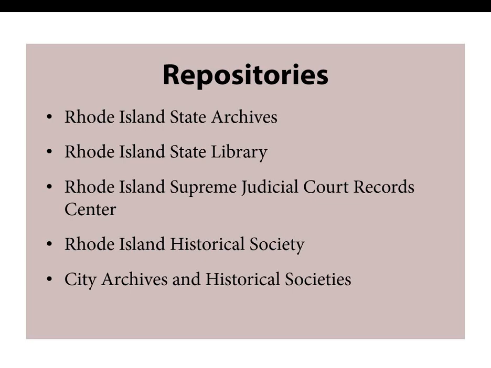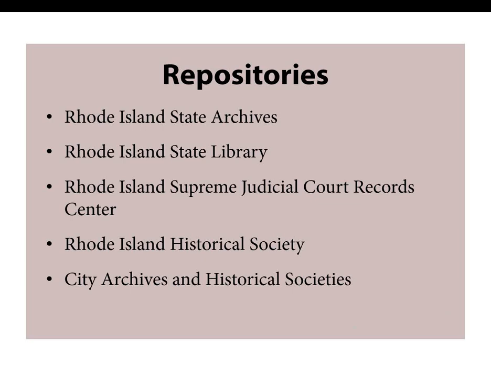And in Rhode Island, I have listed what I consider to be our top 4, and then mentioned in general City Archives and Historical Society. So there's the Rhode Island State Archives, Rhode Island State Library, the Rhode Island Supreme Judicial Court Records Center, and the Rhode Island Historical Society. Now, some of these records may exist digitally over on Family Search.